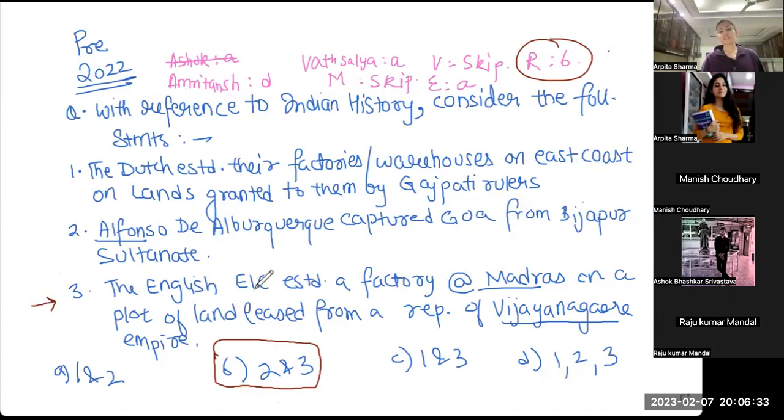They are saying English East India Company established the factory at Madras on a plot of land leased from a representative of Vijayanagar Empire, not from a ruler of Vijayanagar Empire, because Vijayanagar Empire was long gone. 1600s में ही चला गया था empire.